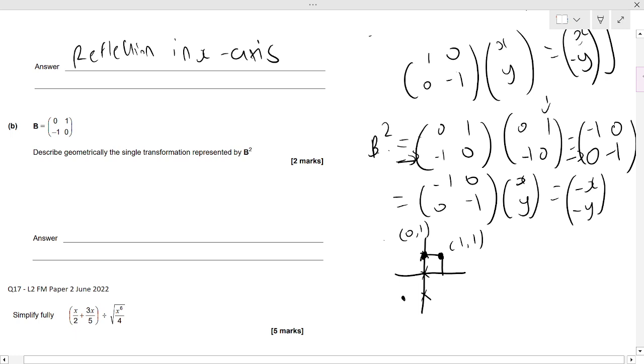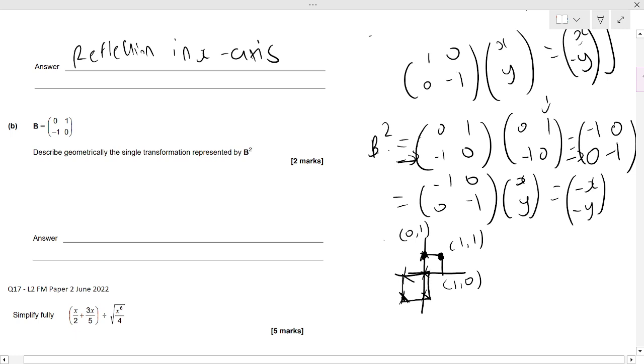So it's going to be down here, isn't it? Hopefully you can spot how we got from here to here. There's only one way we can kind of do that. Well, there are two ways actually. And then this last point here is 1, 0, that's going to go to minus 1, 0, so it's going to be here.